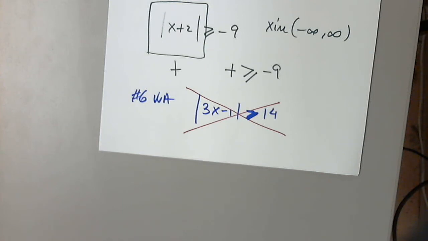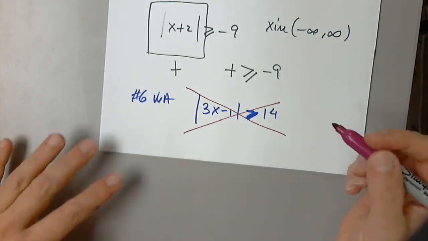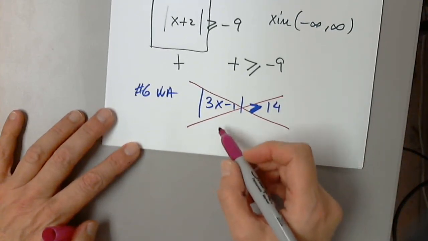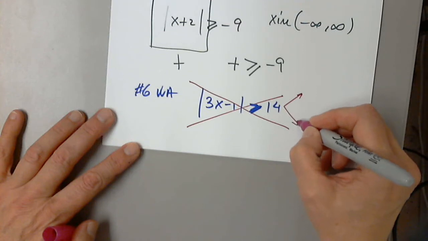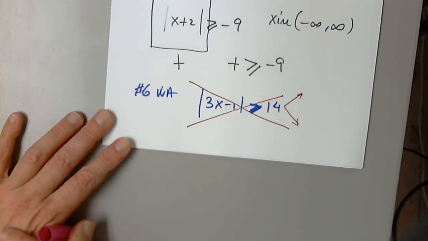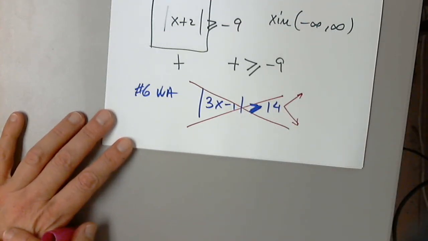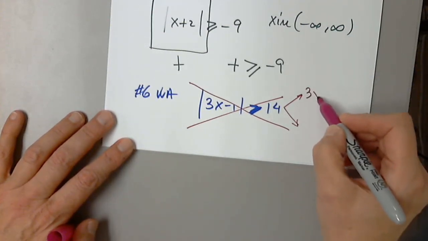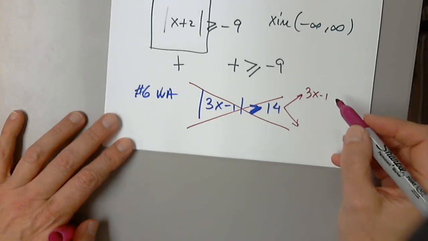The outside, correct. So how do I write it? I have to translate it first. You cannot write the solutions just yet. 3x minus 1.